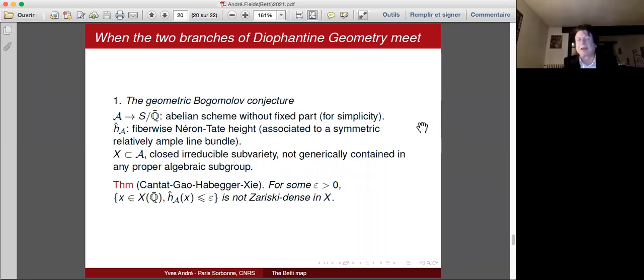So the situation is the same as in the Bogomolov conjecture, but it is relative to a base S. And the theorem, which is quite recent, due to Cantat, Gao, Habegger, and Xie, is that, essentially the same statement, for some positive constant epsilon, the set of algebraic points of X of Néron-Tate height less than epsilon is not Zariski dense in X.